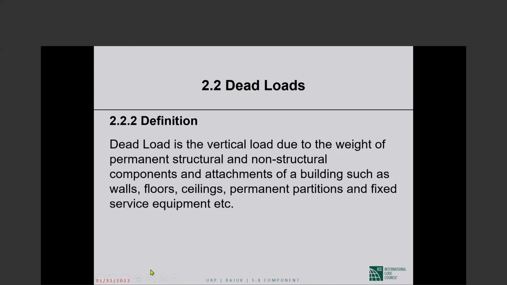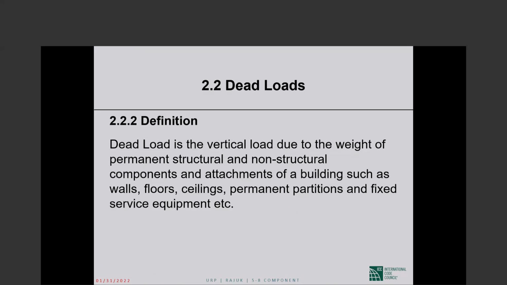Okay, the 5 minutes I think are up. So we'll start again with dead loads. Of the major loads given in chapter 2, wind and earthquakes we will deal with separately. So it is only the rest of it that we will discuss today.